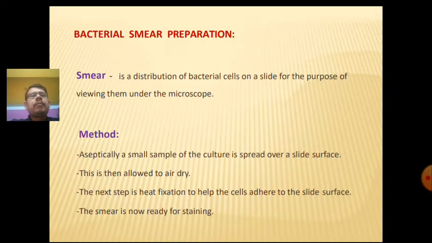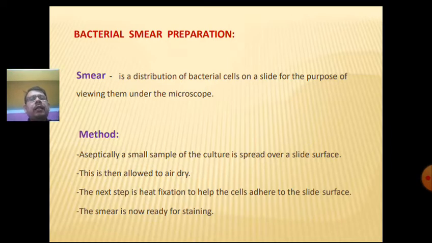Bacterial smear preparation. Before staining, we first prepare a smear, and for that you take two slides, for the distribution of bacterial cells on the slide for viewing under the microscope. What is the methodology?